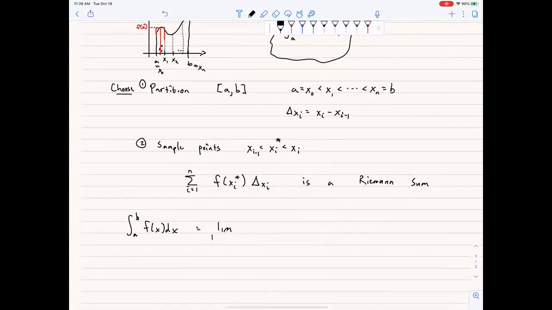If we think of all of these choices we have, the sample points in the partition, as being P, we can talk about the norm of our partition going to 0. That's the maximal length of any of the subintervals. We want that to go to 0, so we want to take finer and finer partitions. For each of these, we form this Riemann sum, and we're looking for the limit there. This is the definition of the definite integral.